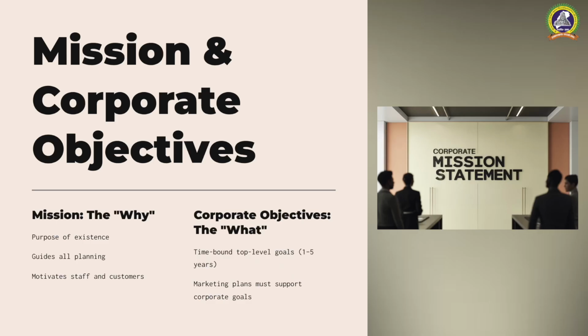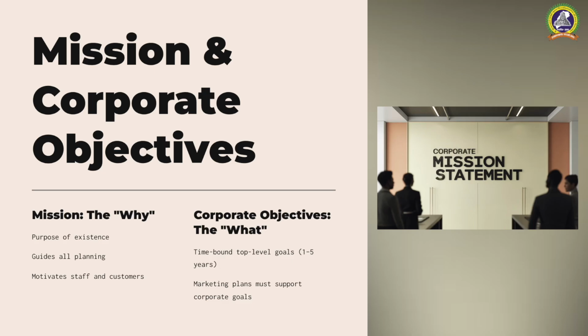The planning process begins at the very highest level of strategy. The first two steps set the stage for everything that follows. First is the mission. The mission is the fundamental reason for which an organization exists. Think of it as the company's why, the mission statement.